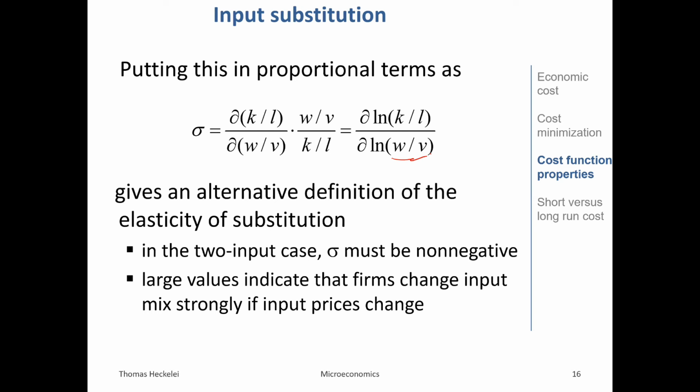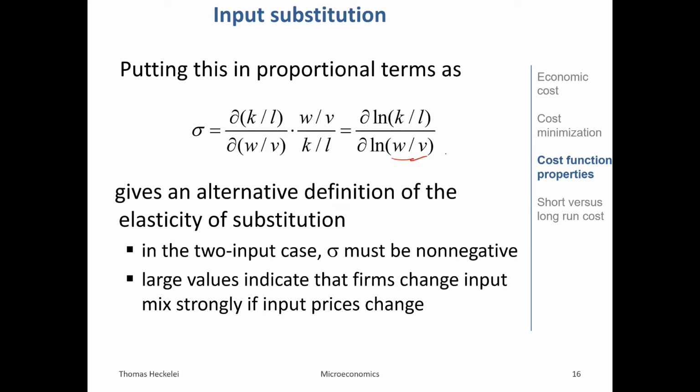So in the two input cases, sigma must be non-negative, right? Because when W over V increases, that means labor price is more expensive relative to capital price. Then the firm will use more capital because now it's cheaper to use more capital and use less labor, right?